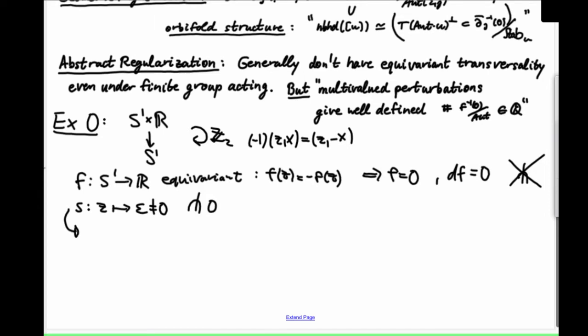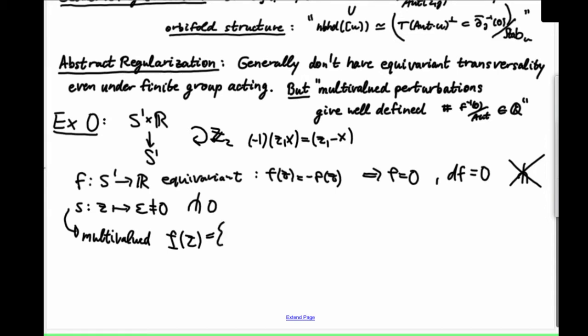But from this we could make a multi-valued section, which I guess I'd call f underline. And just as the name somehow betrays, at a point z, it's just allowed to have several values.